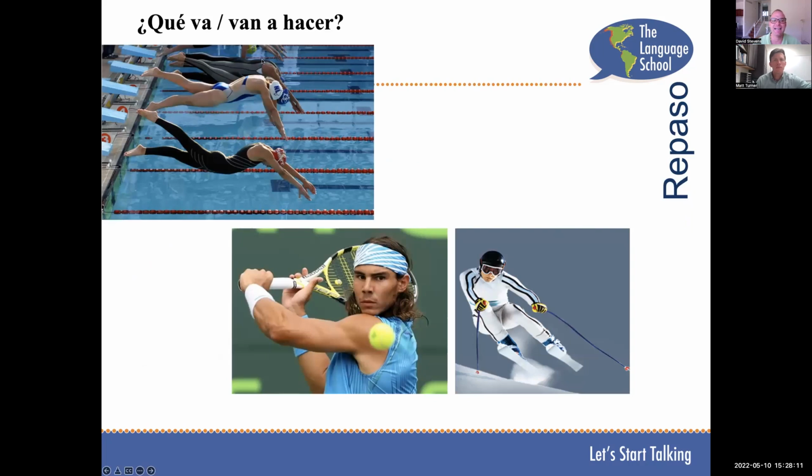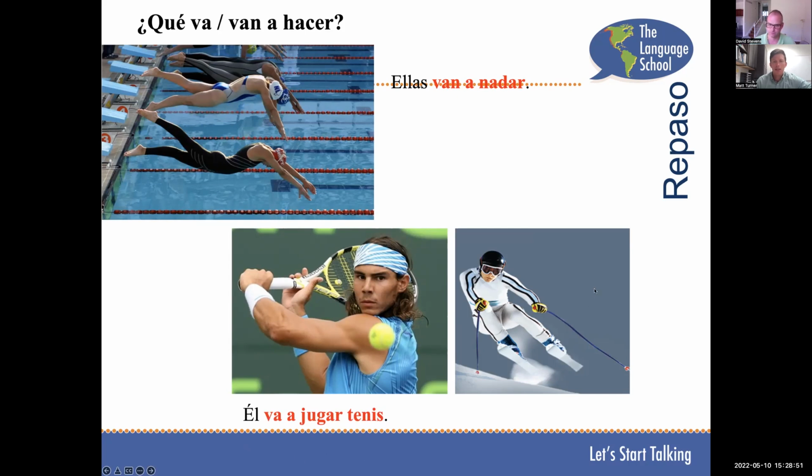Entonces, ¿qué van a hacer? Ellas van a nadar en la piscina. ¿Qué va a hacer? Él va a jugar tenis. ¿Y qué va a hacer?